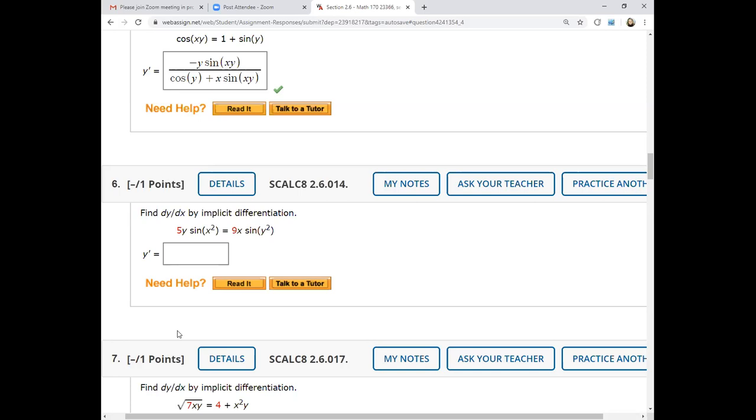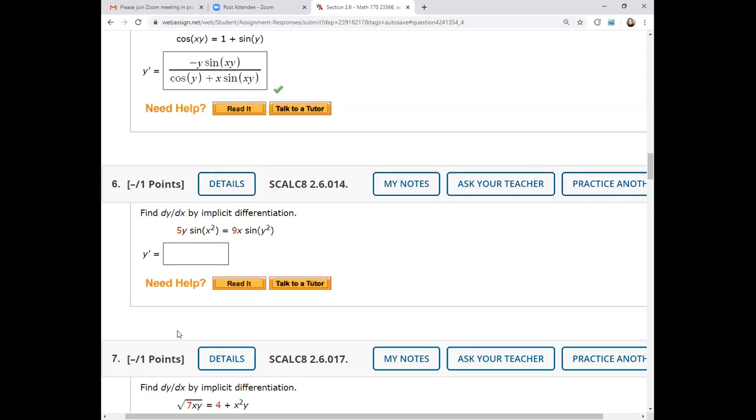Negative. And then this is going to be, I should have written that first, plus 18xy cosine y squared times dy dx.